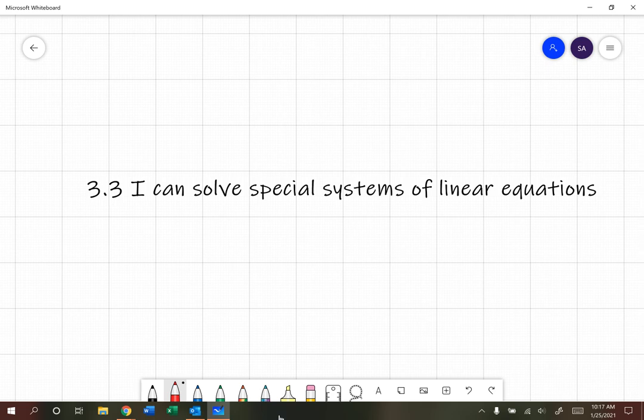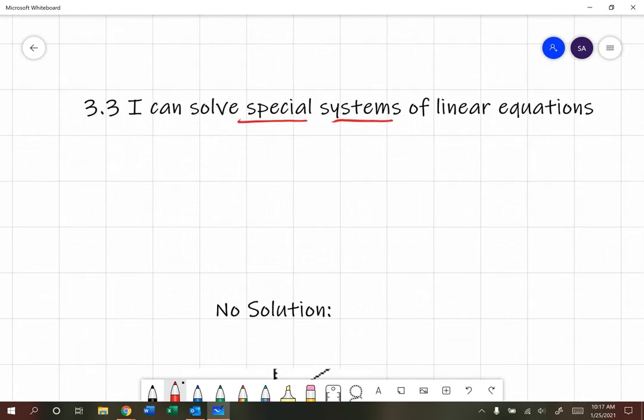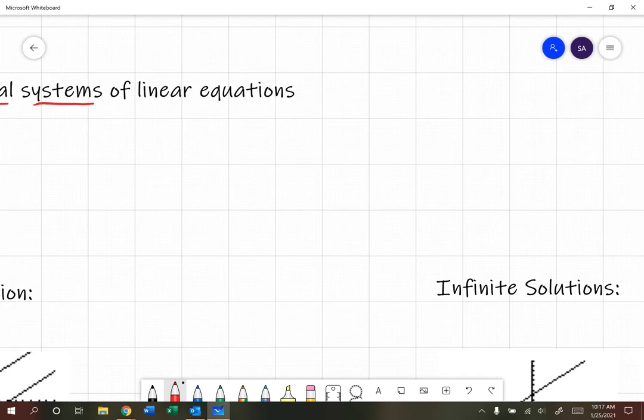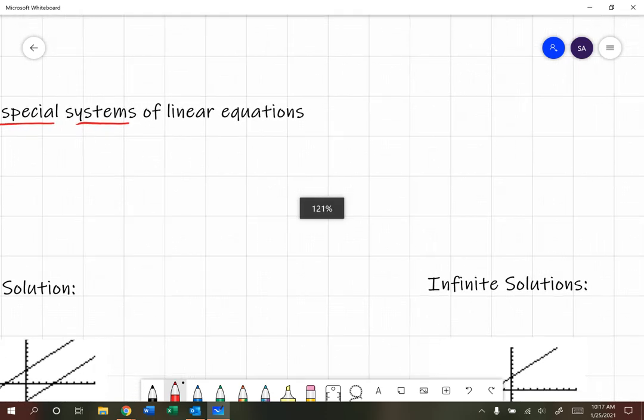And in all three of those methods, so far, we have gotten one solution. But today we're going to focus more so on when you have a special system, which are occasions where there's not one solution. There is either no solution or there is an infinite number of solutions.